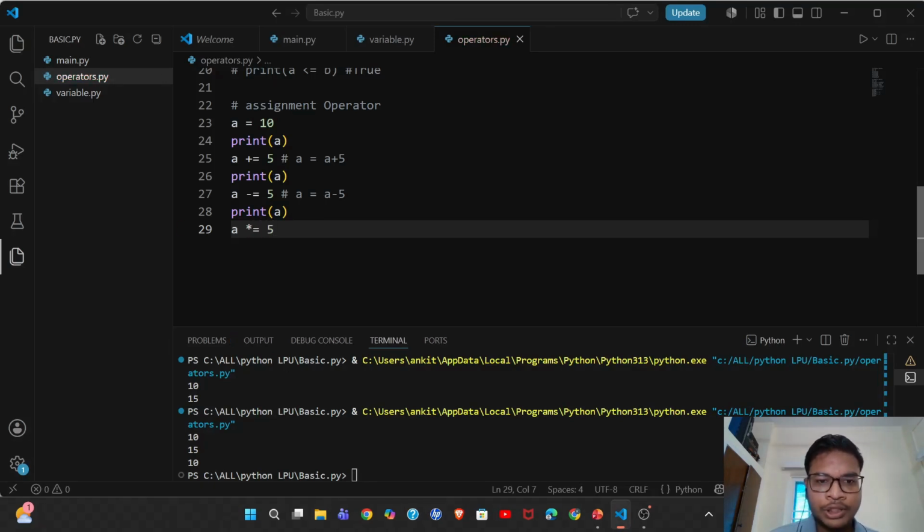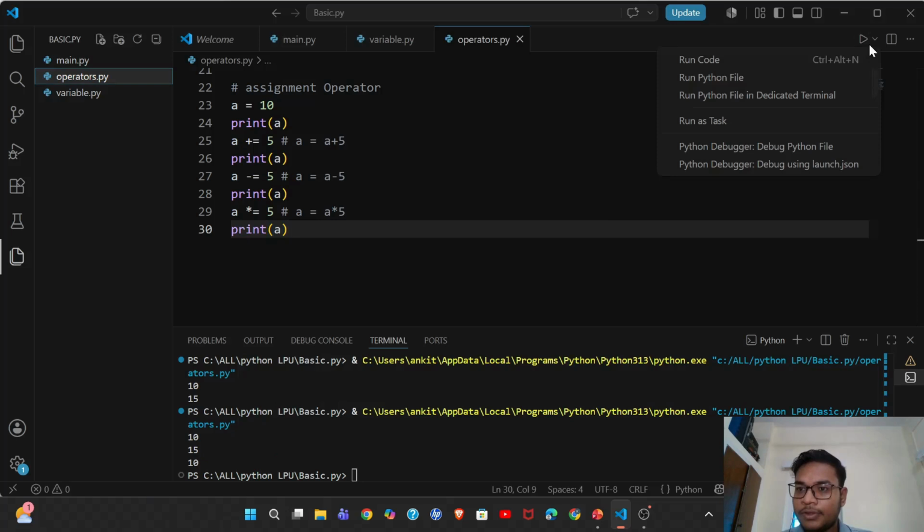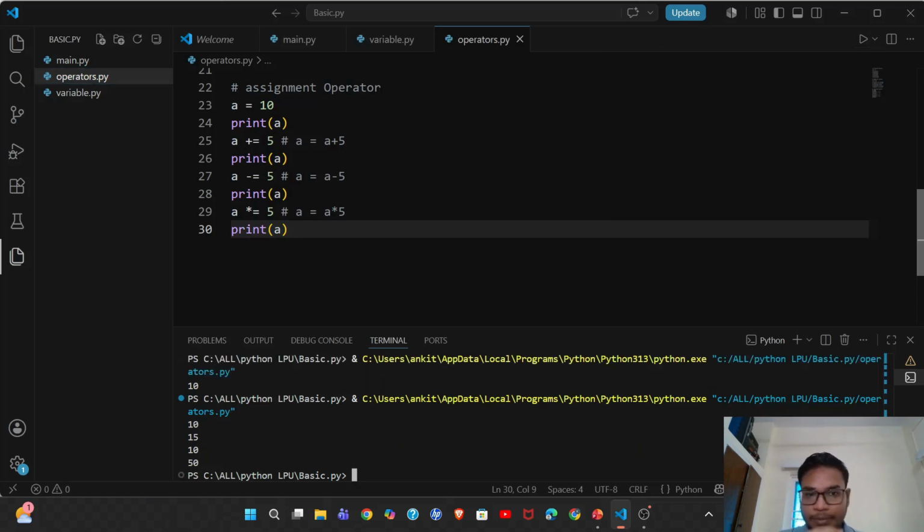Now the value of a is 10. Okay. What does it mean? It means a equal to a into 5. Okay. Now print a. Then see the value. 50. All correct.